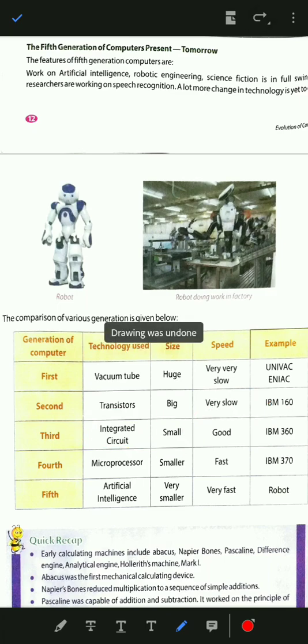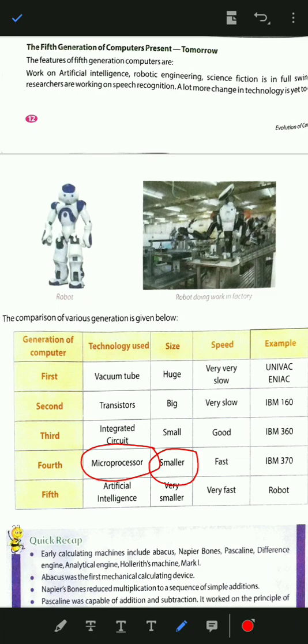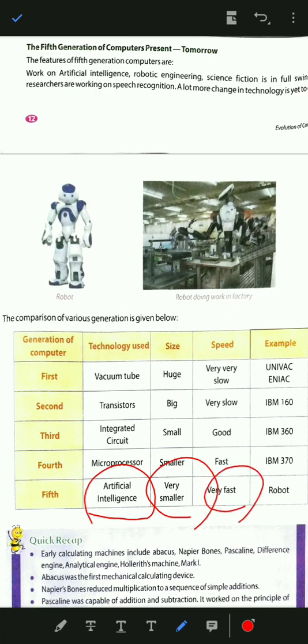Next, fourth generation computers: microprocessors were used, size is smaller, speed is fast, and the example is IBM 370. Next, in fifth generation computers, artificial intelligence is used, size is very small, and the speed is very fast. The example is robot.